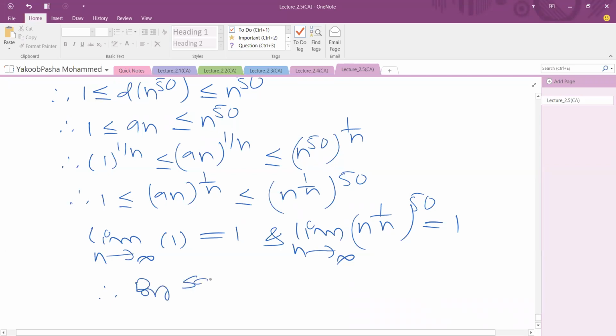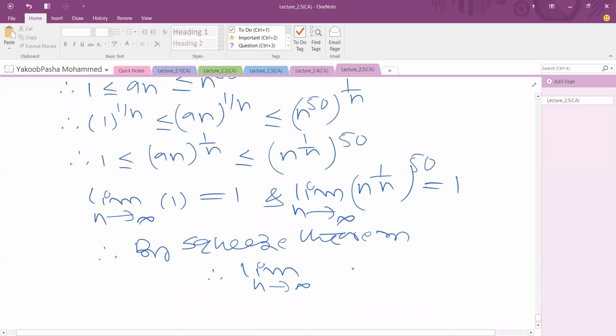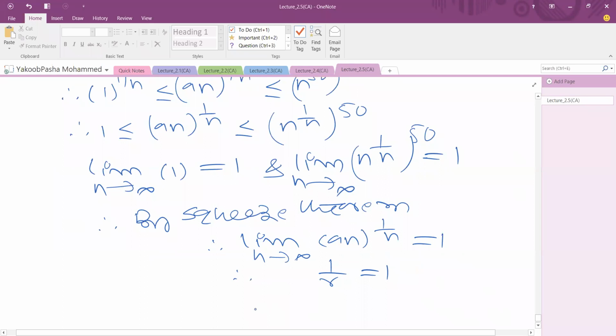Therefore, by the squeeze theorem, the limit as n tends to infinity of a_n^(1/n) is equal to 1. This is nothing but 1/r, so 1/r = 1, that is, r = 1. This is the radius of convergence of the power series.